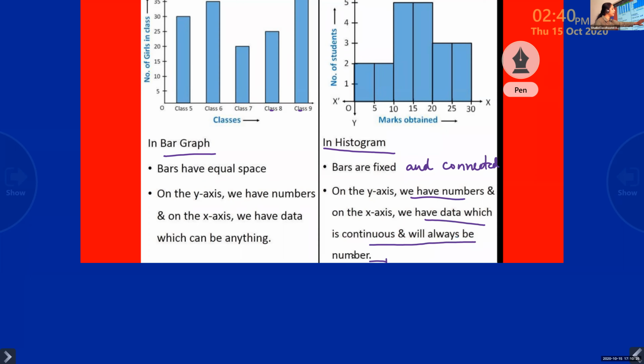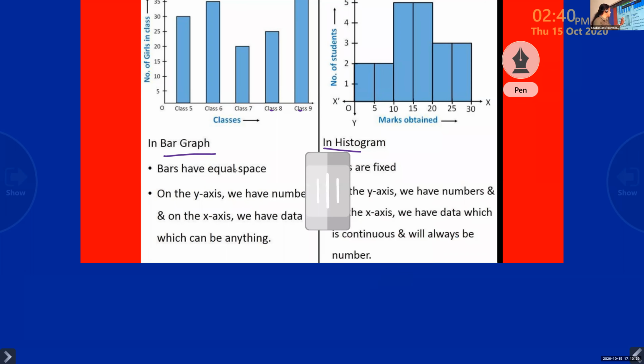Okay, children, you can write this. These are the differences between a bar graph and a histogram. You can write in your notes. Two differences.